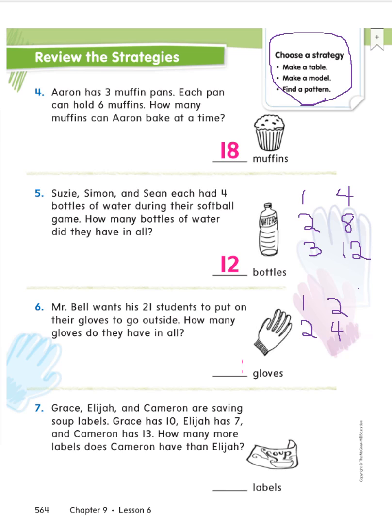And we keep going all the way down. Now, there are other faster ways of doing it, but eventually we'll get to 21 students. And how many gloves do 21 students have?